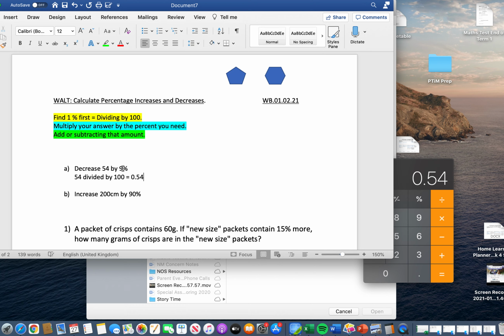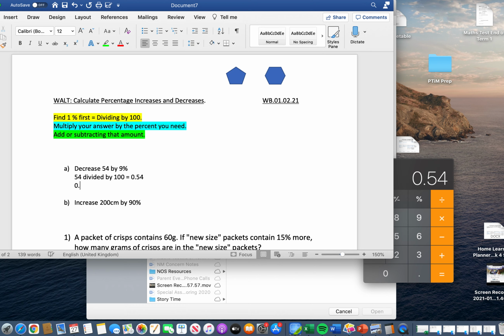I need to find 9%. So I'm doing 0.54 times 9. Sorry, 9, not 6, times 9. 4.86. And then it says add or subtract that amount. Now notice this time I'm asking you to decrease.